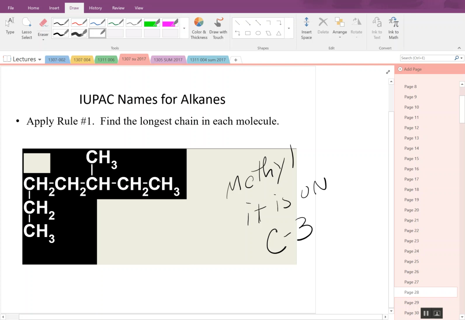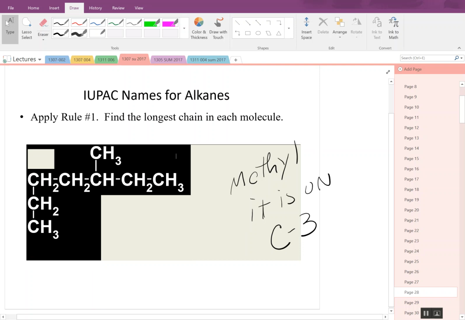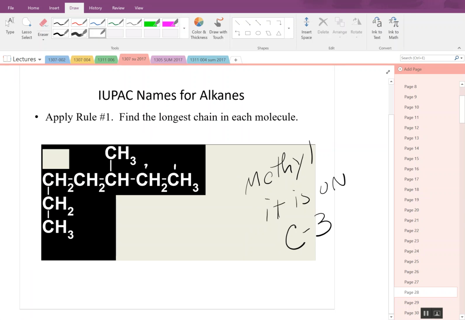It's not what you do. It's the way we read, at least here in this country, but that's not the way we number carbons in an organic molecule. We find the end that is closest to the substituent. So that's carbon number 1, 2, 3, 4, 5, 6, and 7. All right?